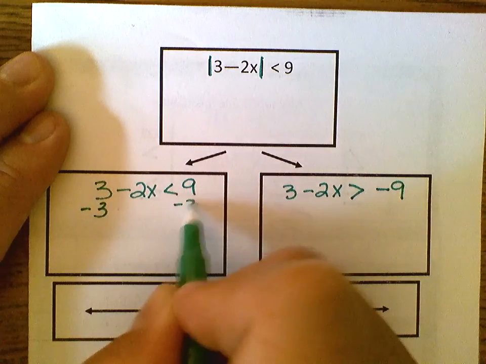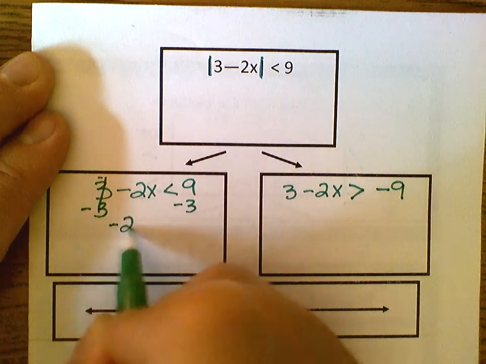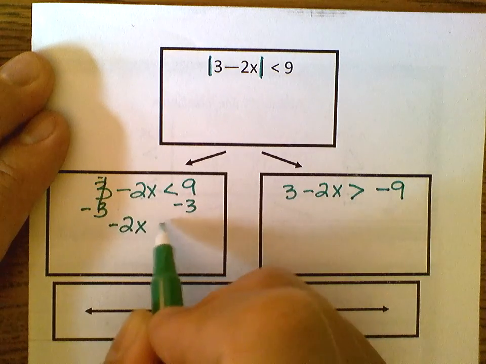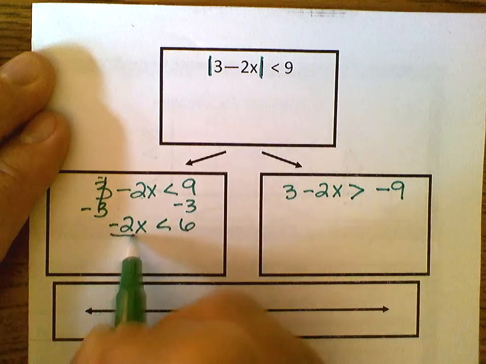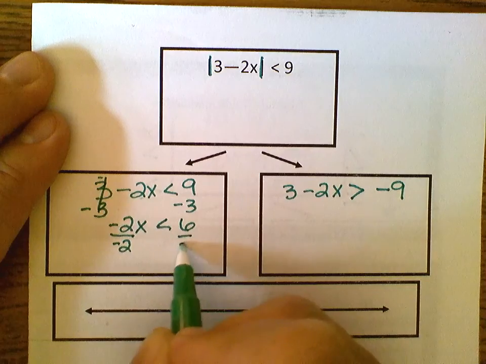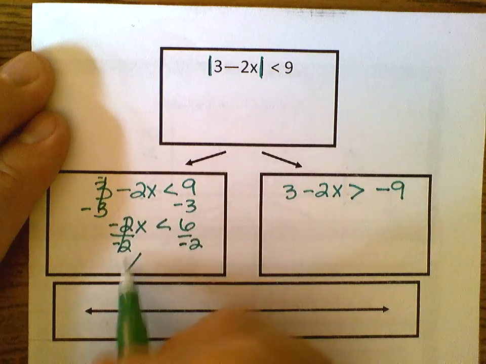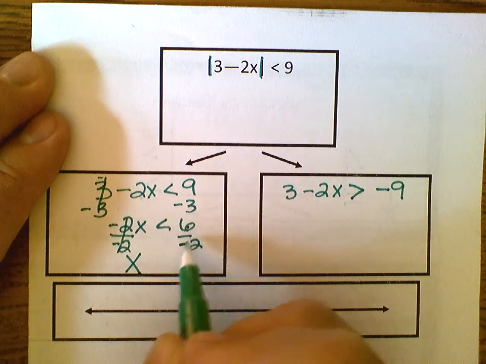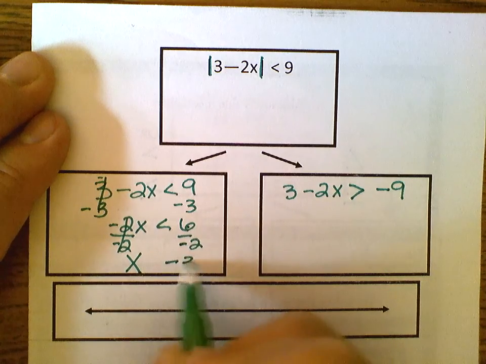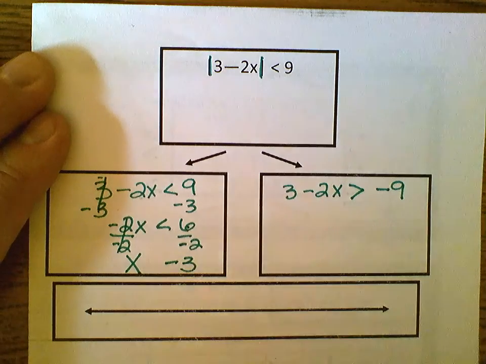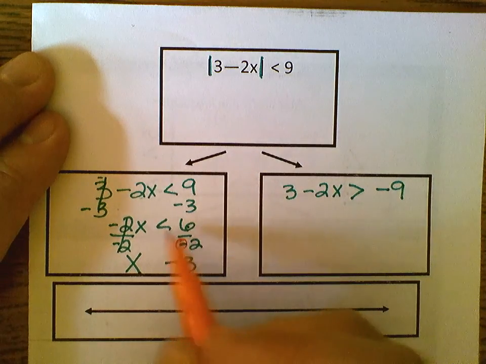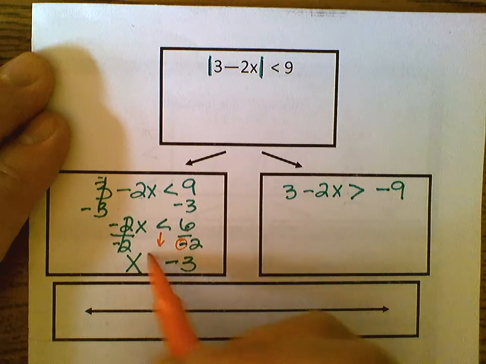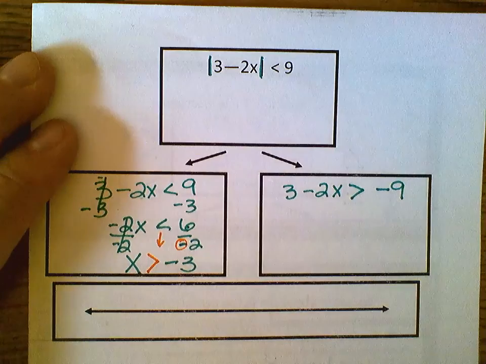So I'll subtract the 3. That leaves me with -2x is less than 6. Divide by -2, and do not forget the important thing that happens here. 6 divided by -2 is -3, but because I divided by a negative number, I have to flip the symbol, and it's now greater than.